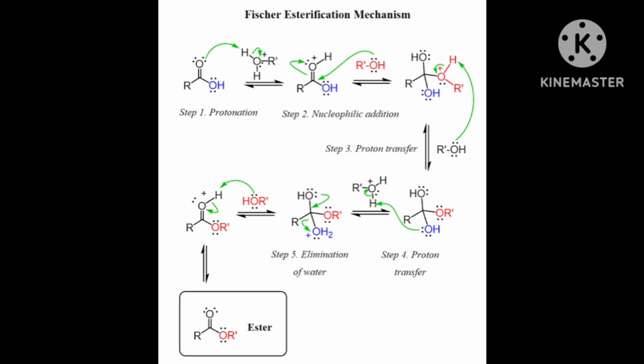RCOOH is there, then 1 oxygen will not be disturbed because it's a double bond. Then the C and OH bond will break, and in the place of OH, Cl will come. Then you get the main product, RCOCl, means acyl chloride. In all 3 reactions you got acyl chloride.